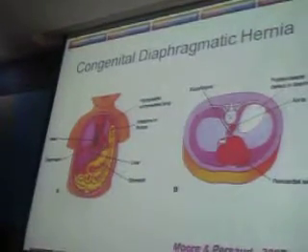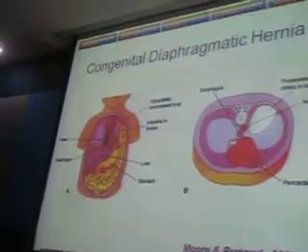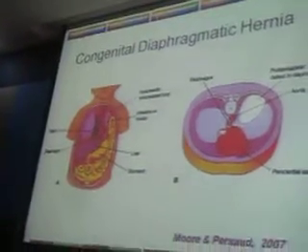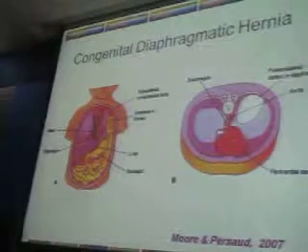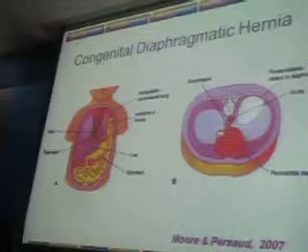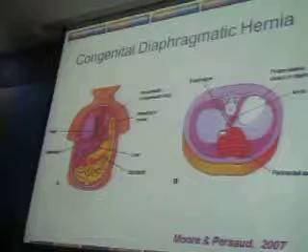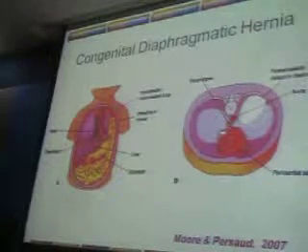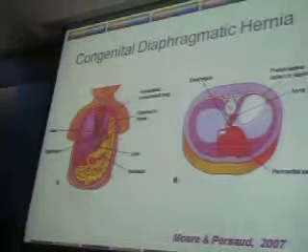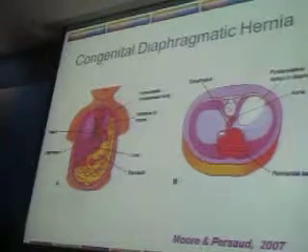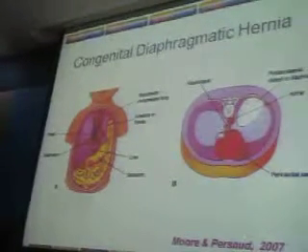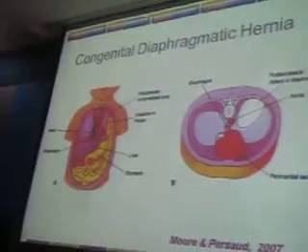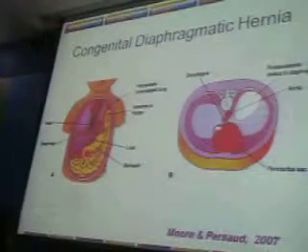First is the congenital diaphragmatic hernia. In general, this is located at the left side, posterior left side. So the problem here is the inability of your pleuroperitoneal membrane to do its function. So as the baby is developing, what goes inside that part of the lung area?